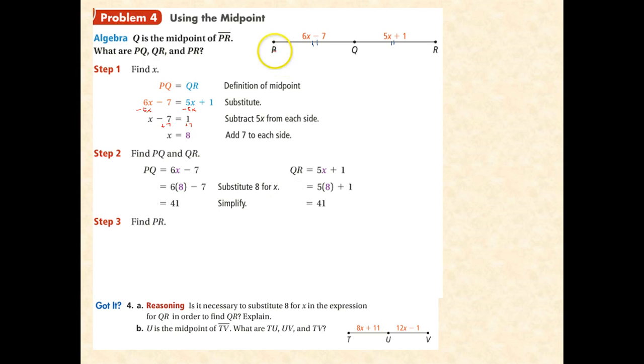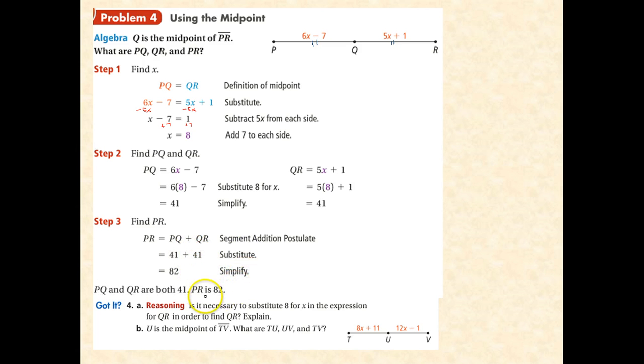So how do I find PR? Well, the segment addition postulate tells me that I can add these two together and get the length of PR. So I'm just going to add 41 plus 41, and segment PR is 82 units long. So pause the video and see if you can figure out this problem down here.